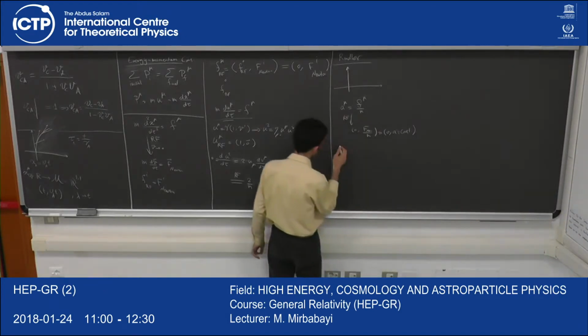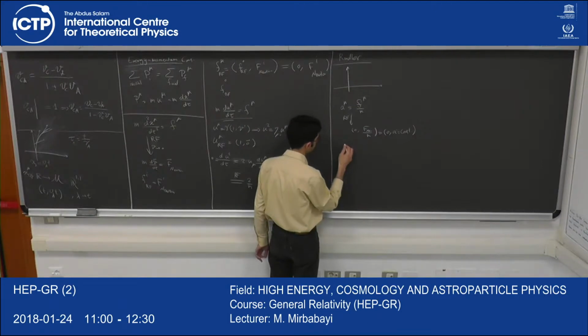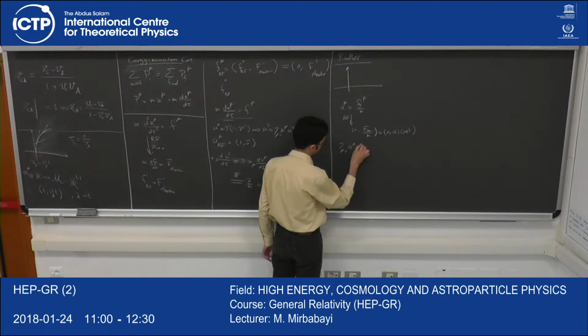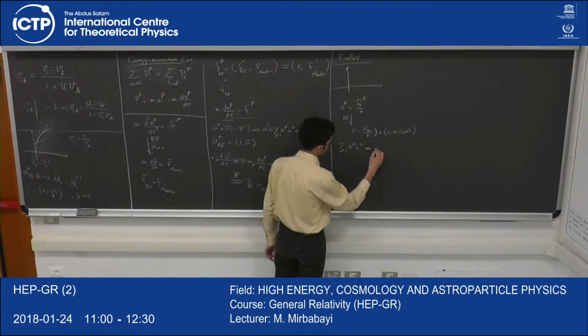So what it implies is that if I calculate the norm of this acceleration four-vector, that is going to be a squared.